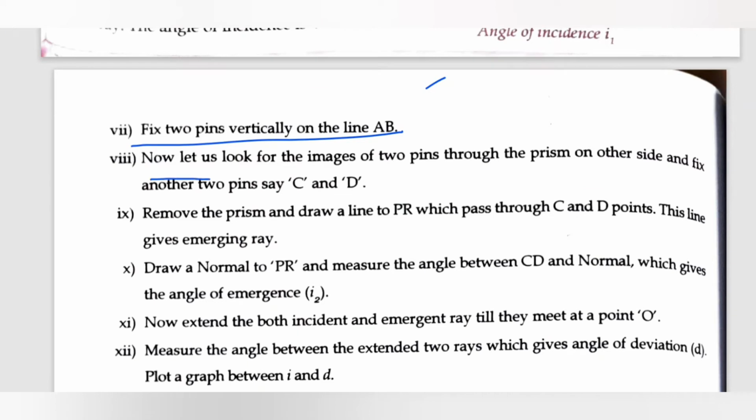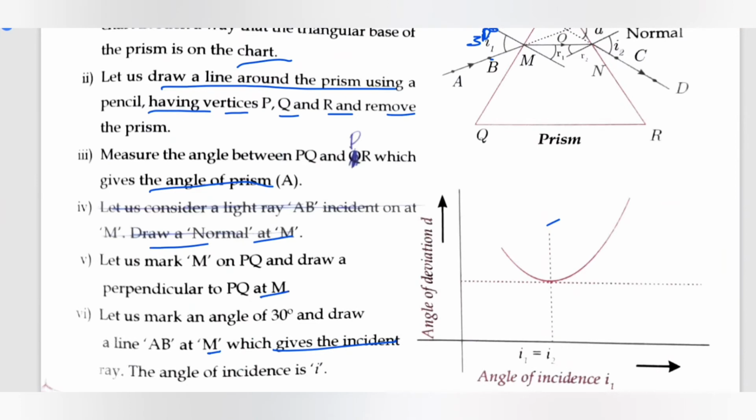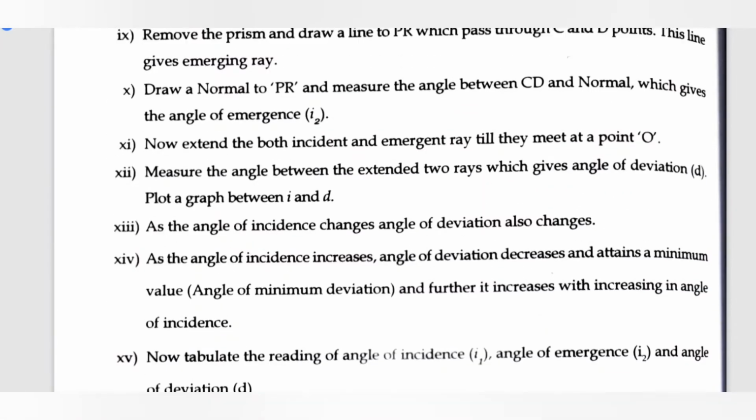Now let us look for the images of the two pins through the prism on the other side and fix another two pins, say CD. Looking at this, place two pins on the other side, let the two pins be C and D. Draw a normal to PR and measure the angle between CD and the normal, which gives the angle of emergence.